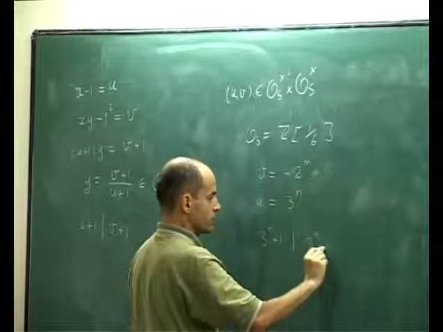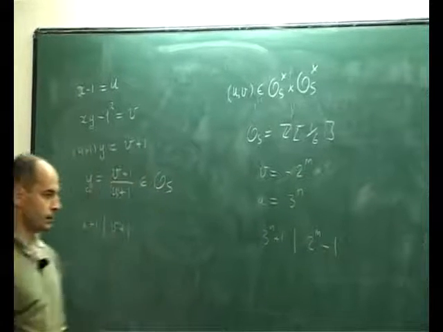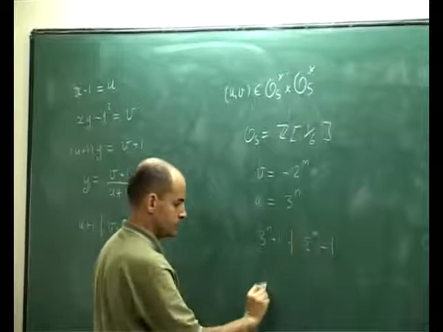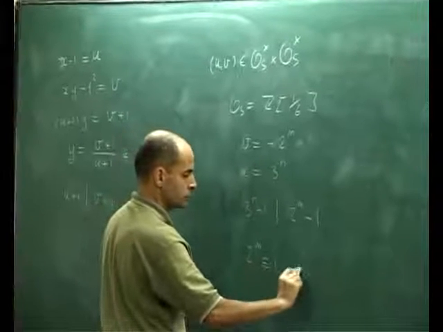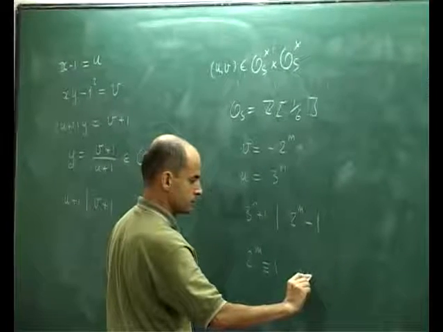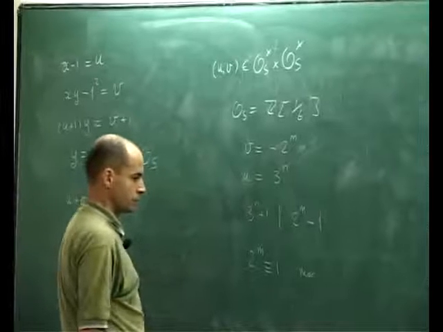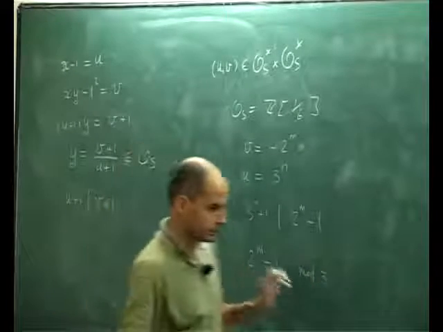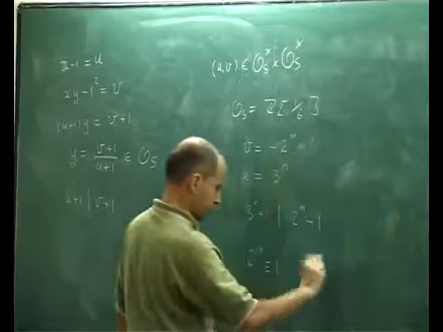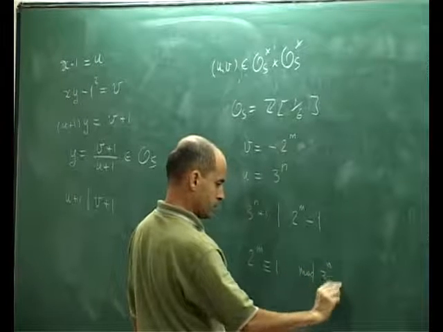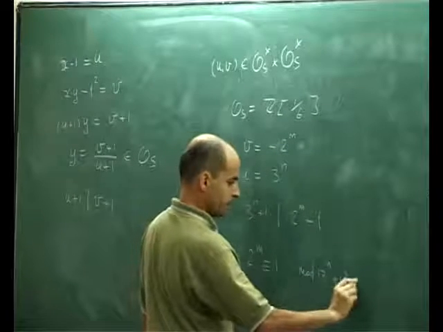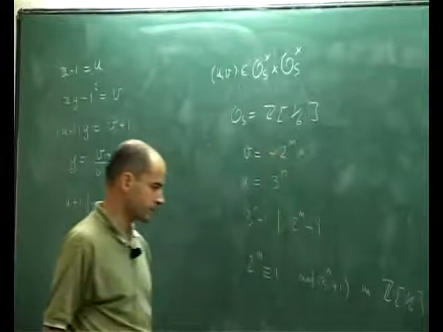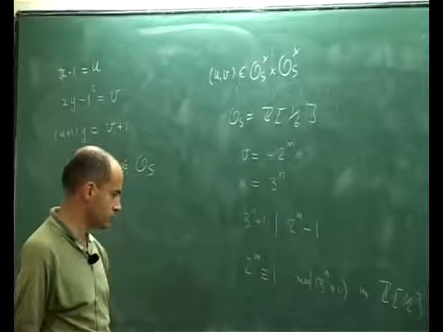Okay, so 2 to the n is congruent to 1 modulo 3 to the n plus 1. Well, this is over the integers, so it's not possible in Z, but in Z[1/6] it's possible.